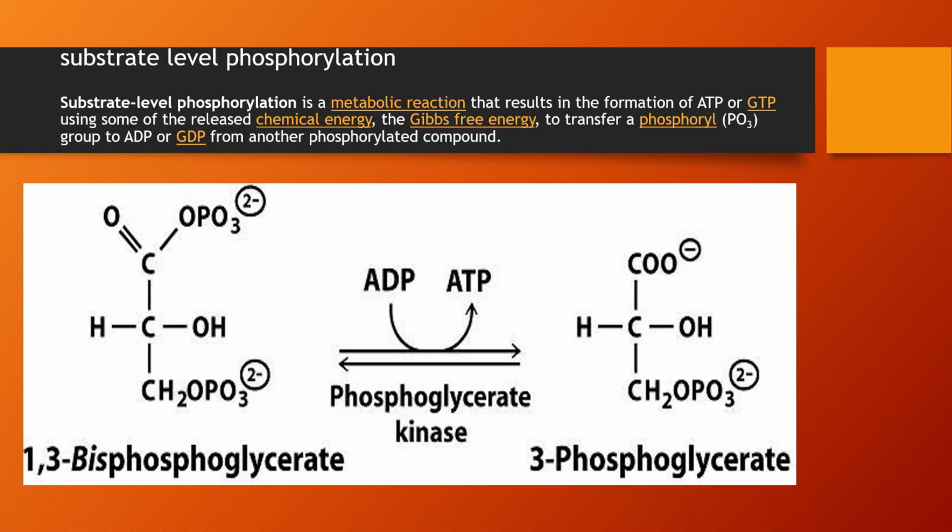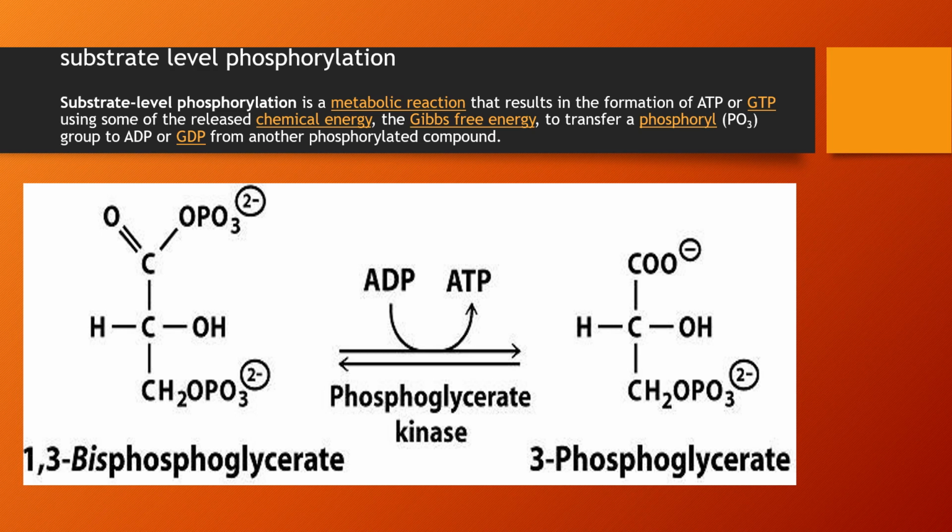The next thing is the ATPs are not only synthesized during the electron transport chain but also synthesized by the direct phosphorylation. So that is the substrate level phosphorylation. The production of the ATP molecule by the direct transfer of phosphate group to the substrate is called the substrate level phosphorylation. So the phosphate group is transferred from this 1,3-diphosphoglycerate to the ADP molecule.